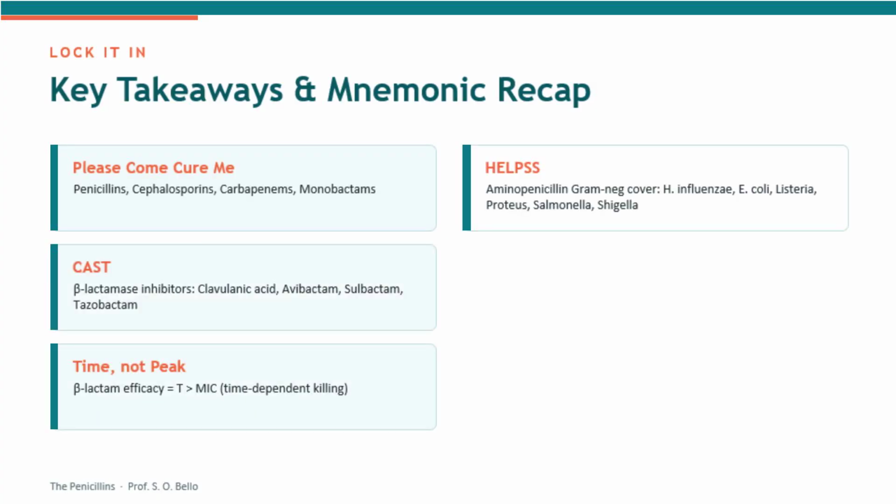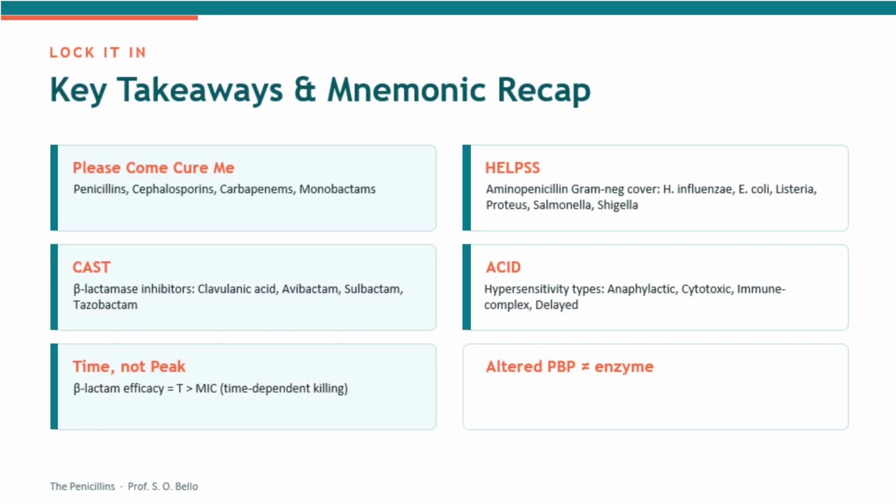Before we close, let's lock everything in with a rapid mnemonic recap. These are the hooks I want you to walk away with. Please Come Cure Me gives you the four beta-lactam classes: penicillins, cephalosporins, carbapenems, monobactams.